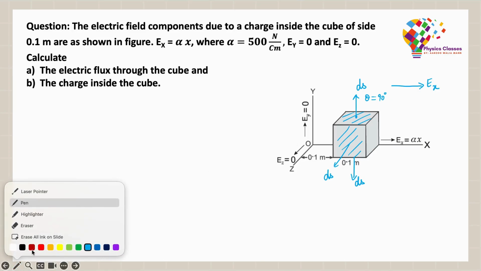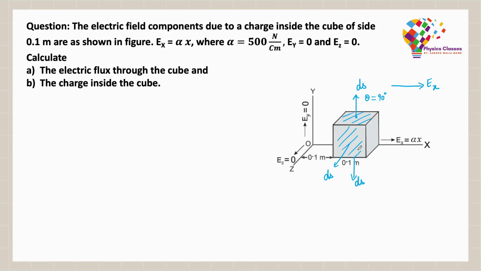So the only two sides which contribute to the electric flux in this particular situation are this side, because this side has the area vector coming out like this. So here your theta is 0 degrees. We'll call this the flux due to the right surface. And there would be flux coming in from the surface over here.